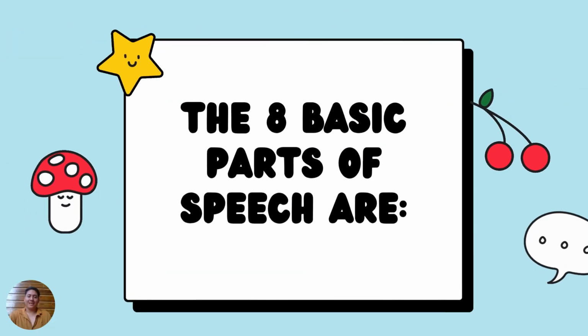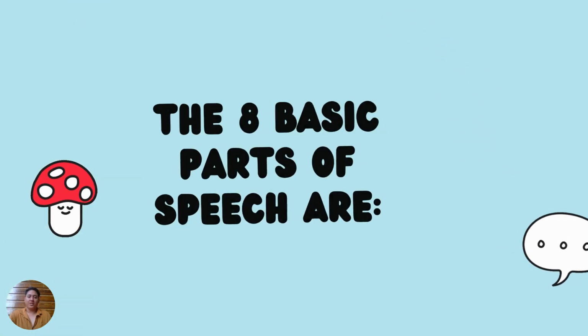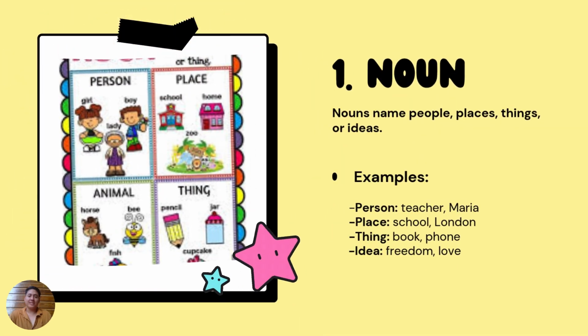And we have eight basic parts of speech. The first one is the noun. What is a noun? A noun is when you name people, places, things, or ideas. For example, when you name a person, you can say Teacher Maria, and it is a noun.